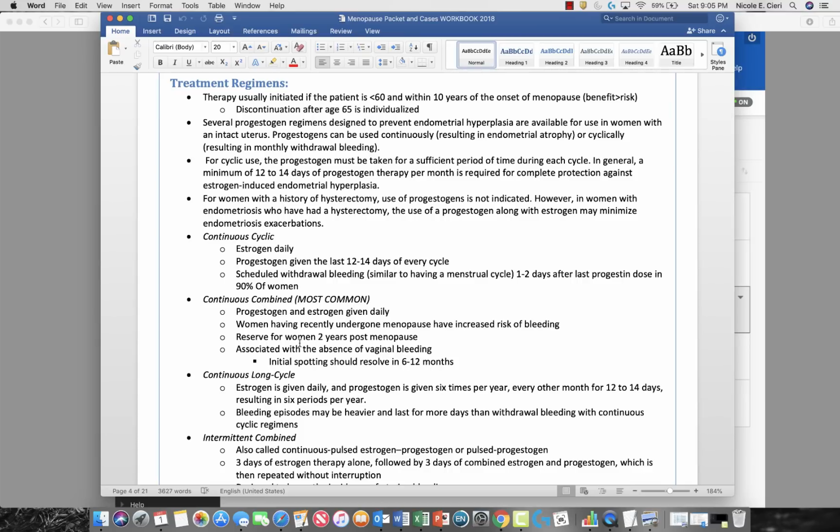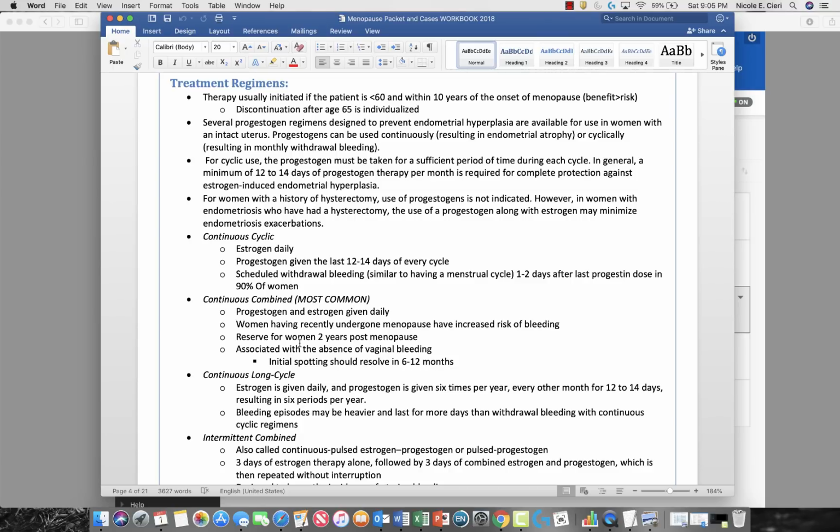If the patient is older than this or more years out, it's a little bit controversial because the risk starts to outweigh the benefit. There used to be a practice where hormone therapy would automatically be discontinued after the age of 65, but this should really be individualized per patient and dependent on their risk, whether or not they've developed contraindications, and whether or not they still have an indication or are still experiencing symptoms.